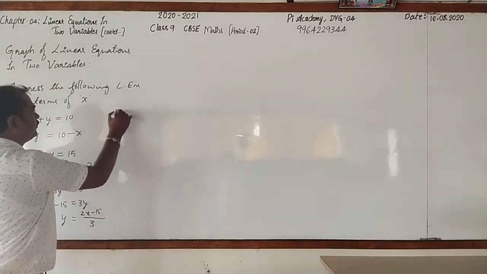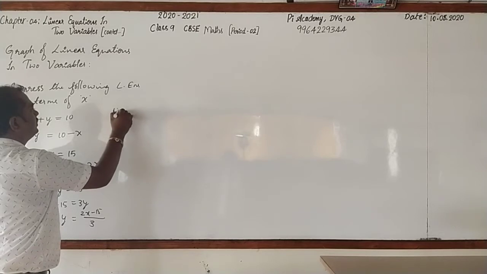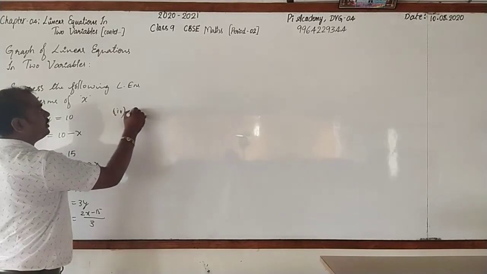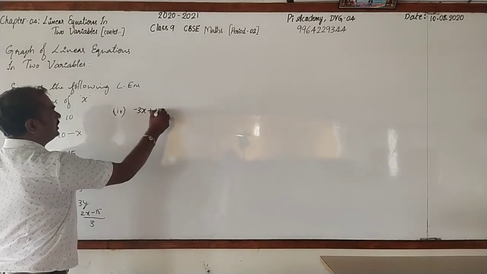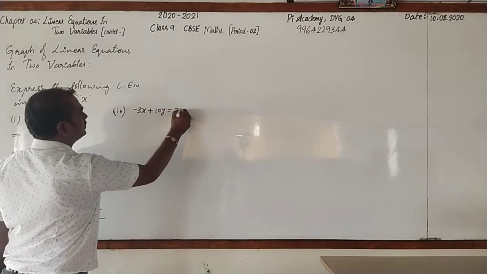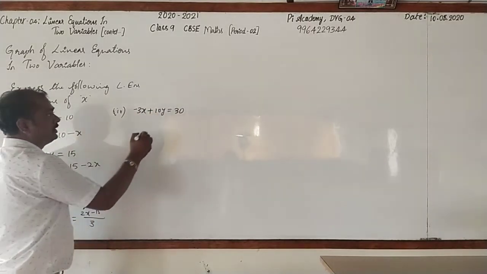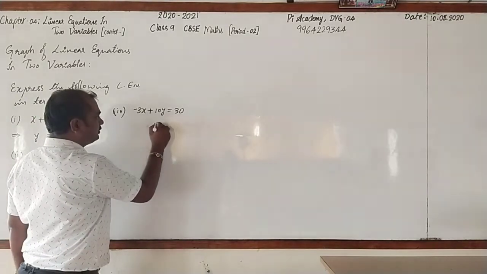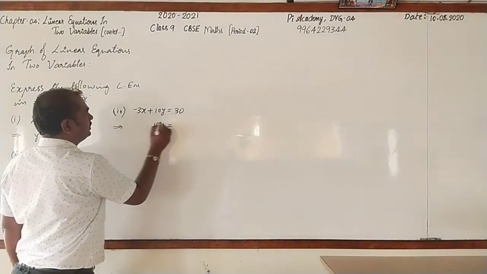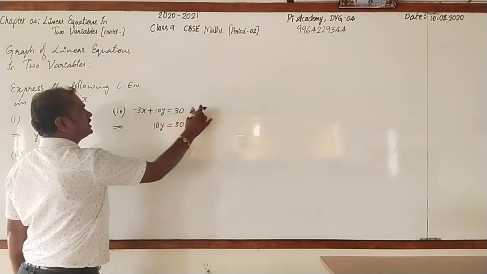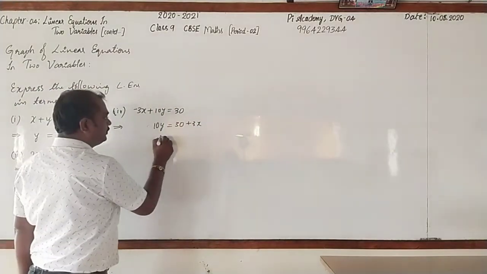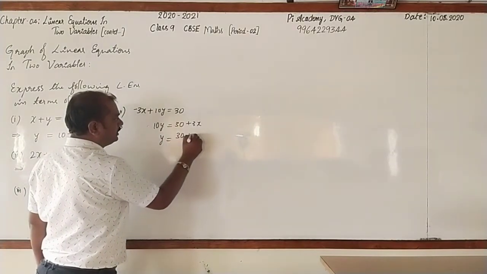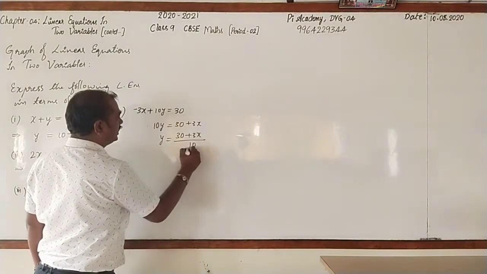One more. The fourth one is minus 3x plus 10y equal to 30. How do you write? This is 10y, keep that as it is. Then on the right hand side 30 is there. Transfer minus 3x to the right hand side, becomes plus 3x. We want y. y is equal to (30 plus 3x) by 10.